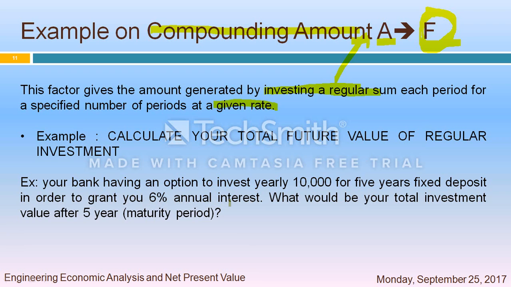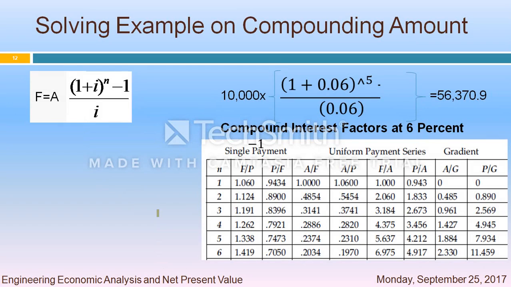So your bank usually is not giving 6% interest, but he offered you, if you keep your investment of 10,000 yearly, every year you have to put $10,000 for 5 years, I'm going to grant you the 6%. So this is A, because every year you're going to pay this, and this is the period, and this is I. Okay, we'll solve it on the formula and notation.